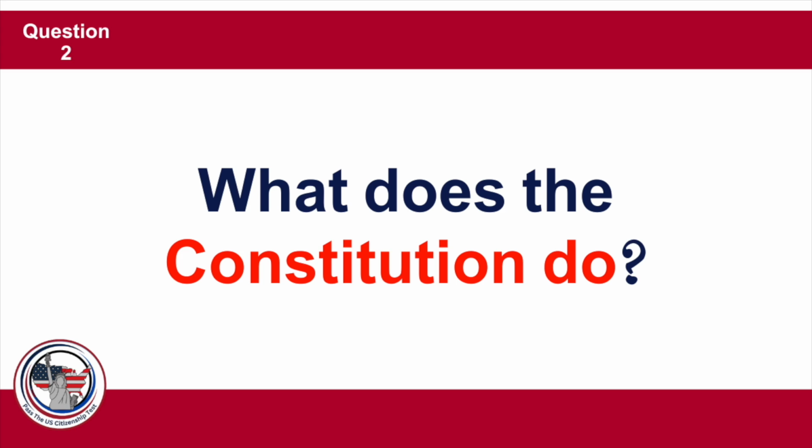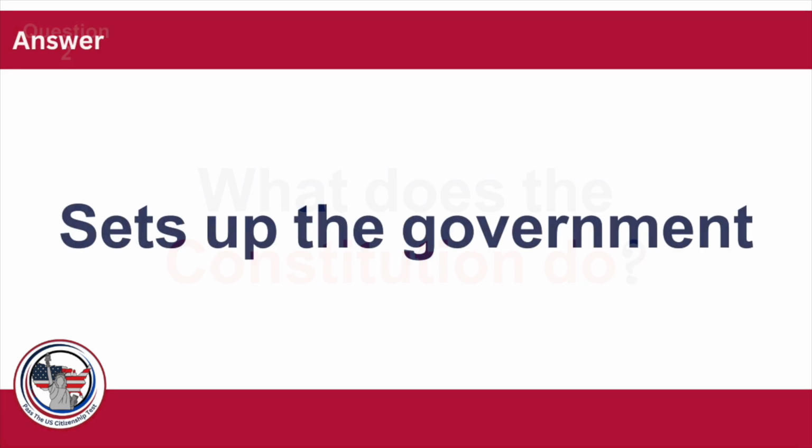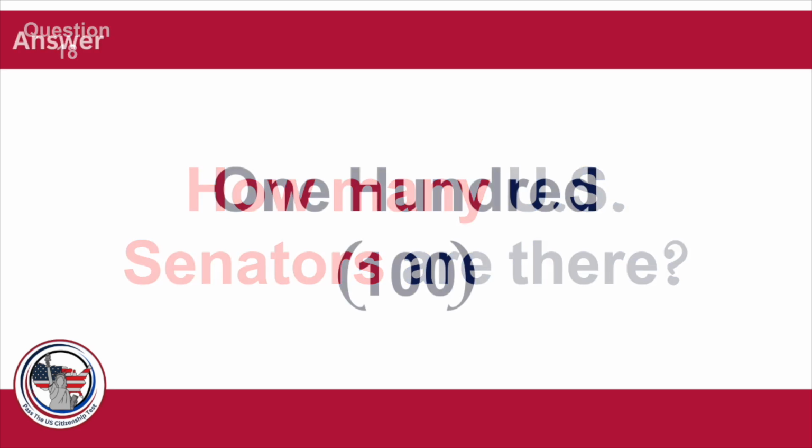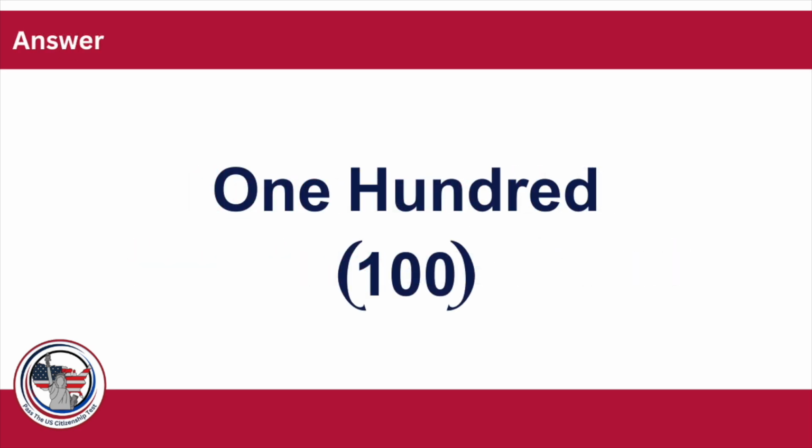What does the Constitution do? Sets up the government. How many U.S. senators are there? 100.